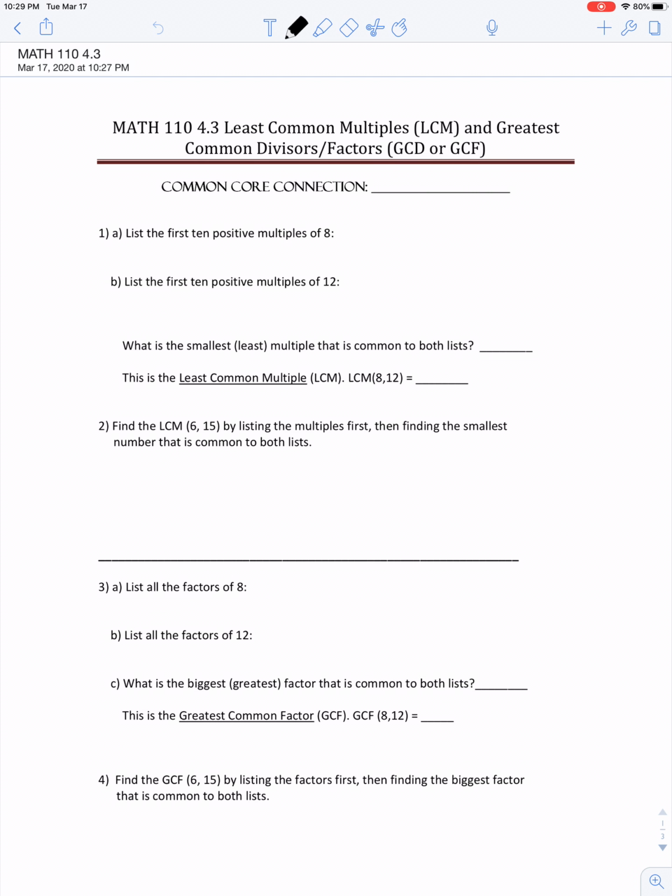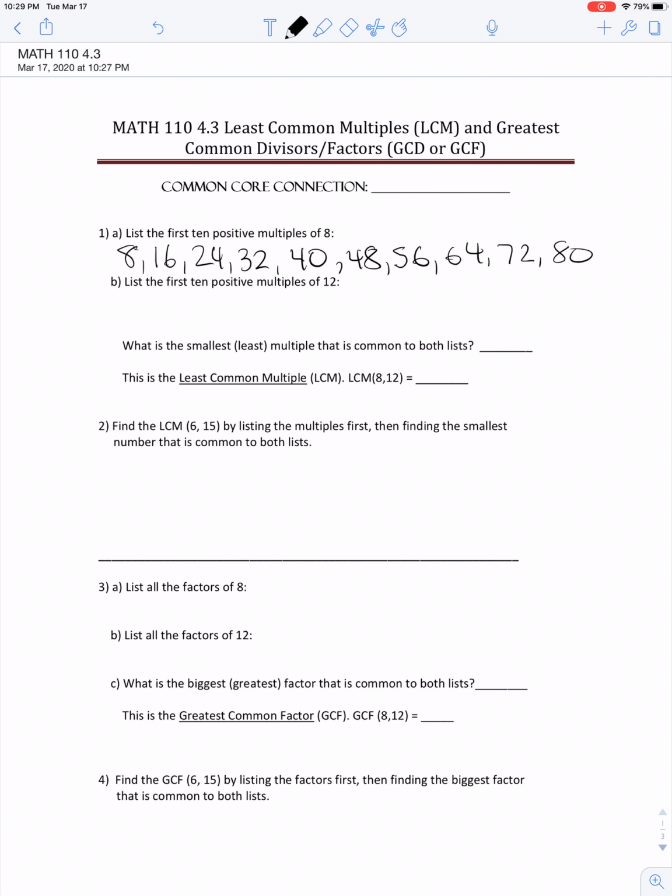So let's first take a look at 1a here. The first thing we want to do is list the first 10 positive multiples of 8. Again, we just want to go through all the multiples. So we'll get 8, 16, 24, 32, 40, 48, 56, 64, 72, and then finally 80.